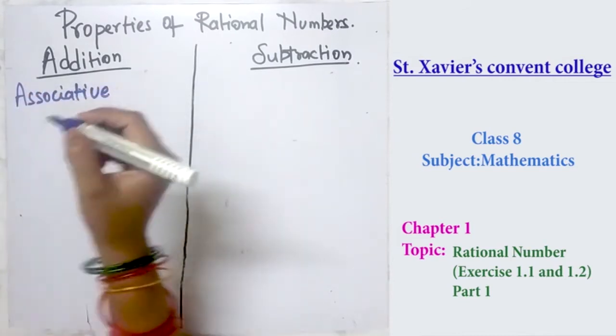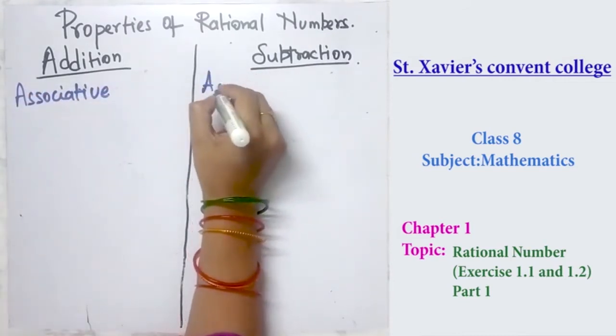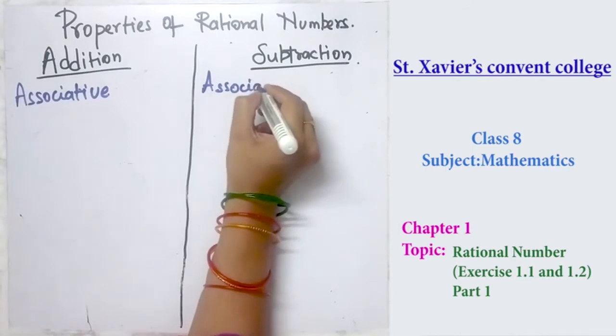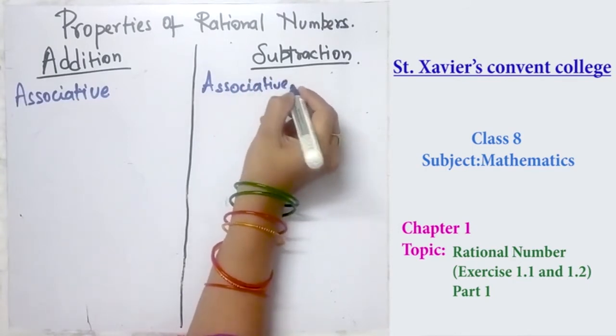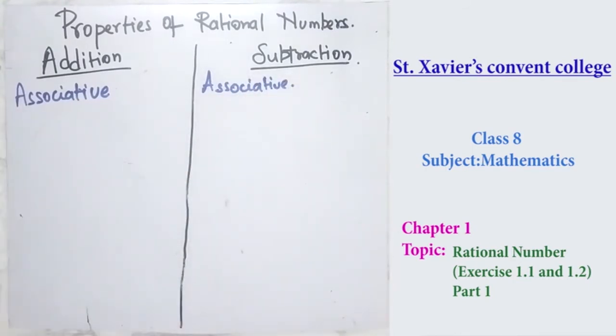Under addition, the associative property. Under subtraction, the associative property. The associative property in addition holds, while in subtraction the associative property doesn't hold. As we did in the commutative property, we are going to take an example and prove it to you.